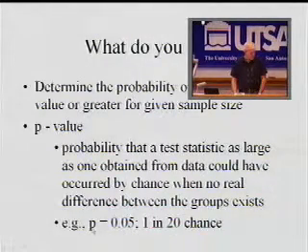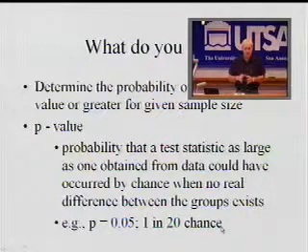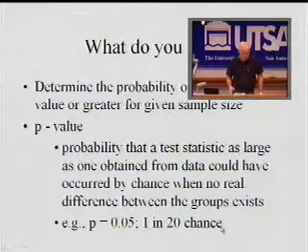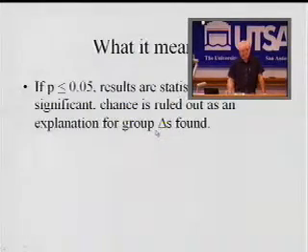So, for example, if p equals 0.05, that's a 1 in 20 chance, or a 5% chance that you made an error in saying that there was a difference or observing a difference when there really was not a difference. So we're beginning to see that errors can be made in one direction or another.